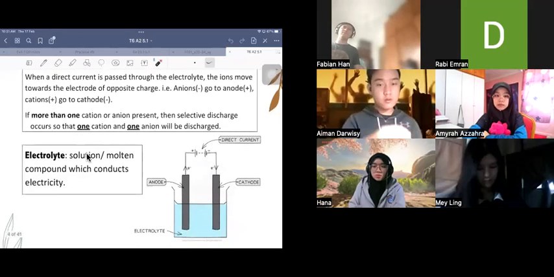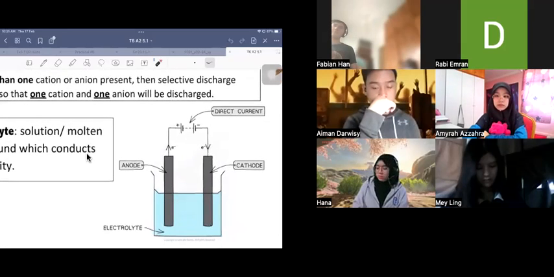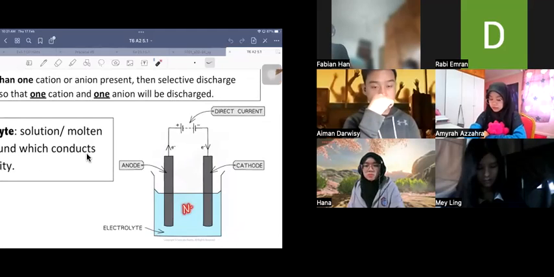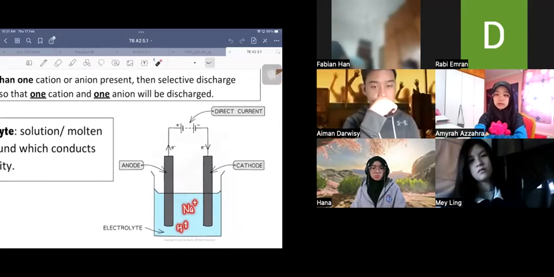Okay, so electrolyte is a solution or molten compound which conducts electricity. Usually for electrolysis, what the electrodes do is that if you have, say, more than one anion or one cation, the electrode will only choose one to be discharged.